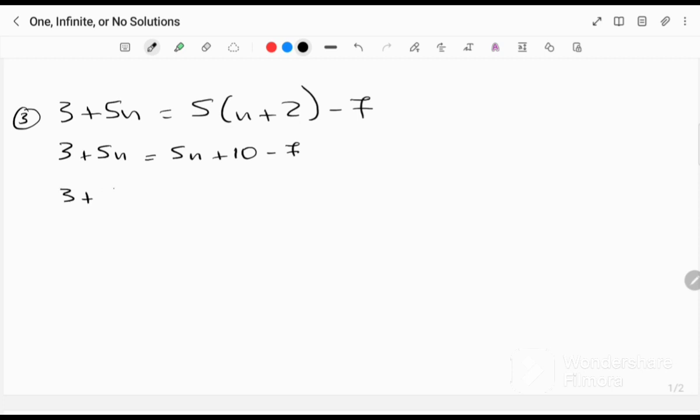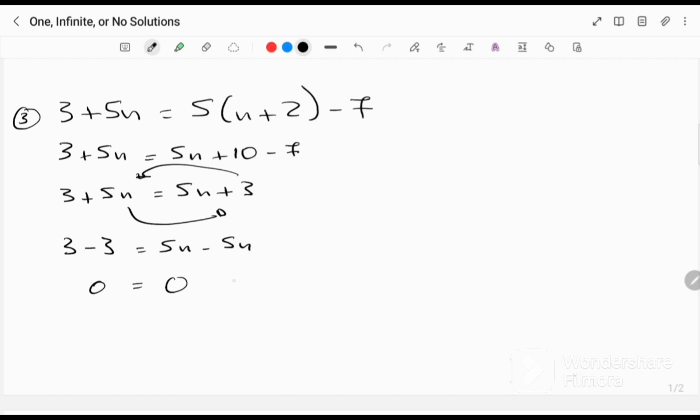And we're left with 3 plus 5n is equal to 5n plus 3. Again, both sides of the equation are the same. Let's go ahead and solve for n this time. So we'll move 5n to this side and we'll move this 3 to this side. So we're left with 3 minus 3 is equal to 5n minus 5n. 0 is equal to 0.